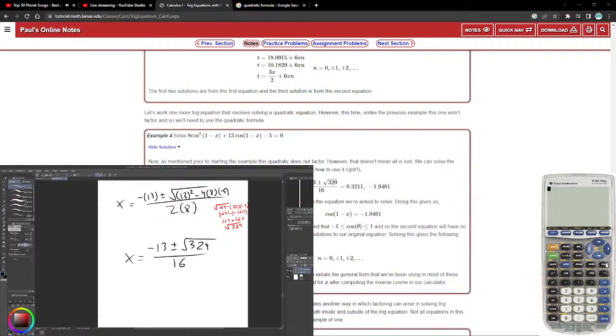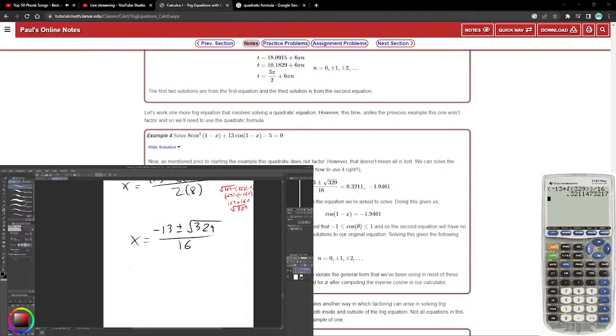So let's try it again. -13 plus square root of 329 divided by 16. Okay, we're getting there. X equals 0.3211. That's it. Okay.